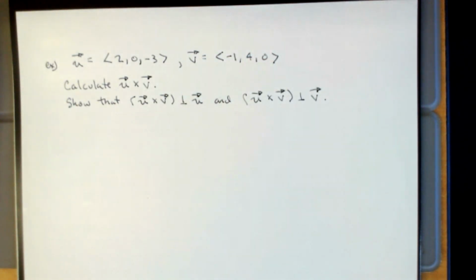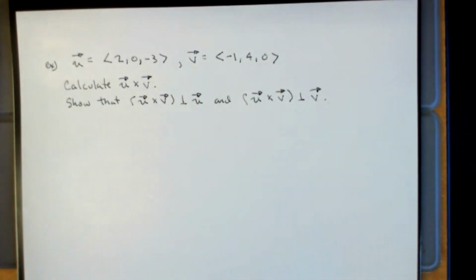Fortunately for our heroes, yesterday we learned a very simple way to do that. It's the dot product. The dot product of a pair of vectors is the product of the magnitudes of the vectors multiplied by the cosine of the angle between them. And if the angle between two vectors is 90 degrees, then the cosine of that angle is 0, and therefore the dot product is equal to 0.